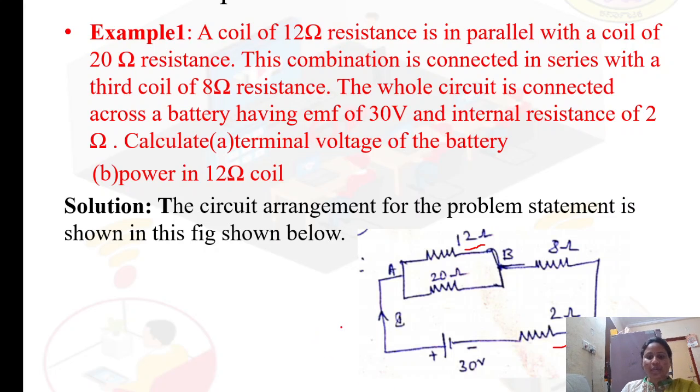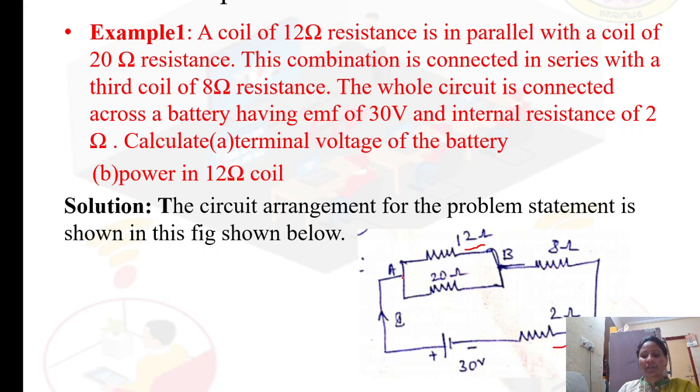But we must know what is the current flowing through 12 ohm resistance and through the 20 ohm resistance. So I will be dividing in 12 ohm and 20 ohm. So it is better to go with this approach rather than using the current values.